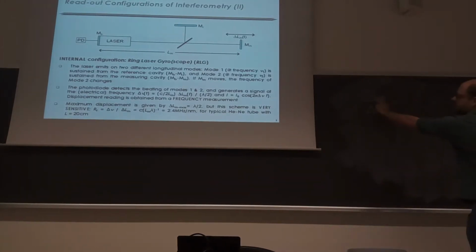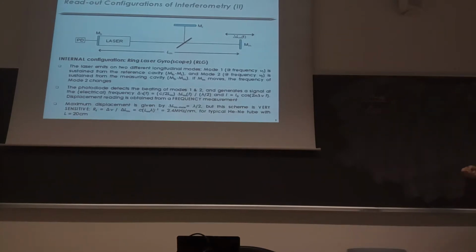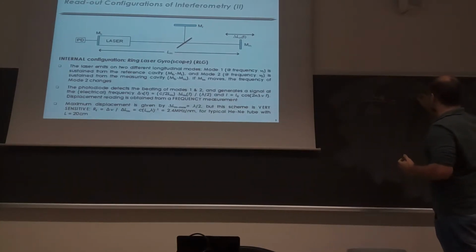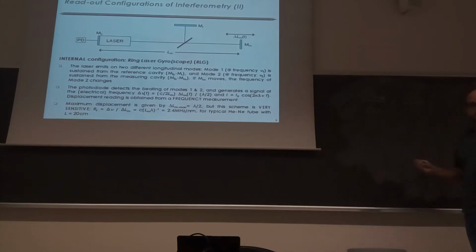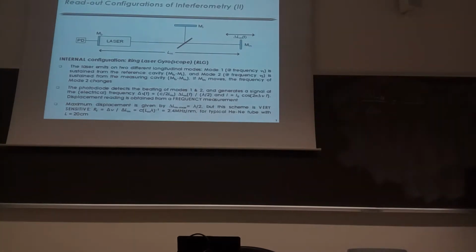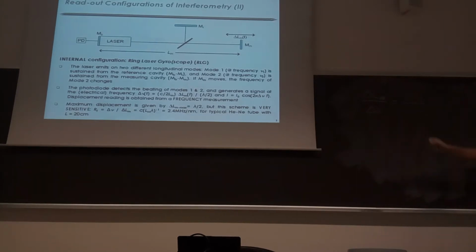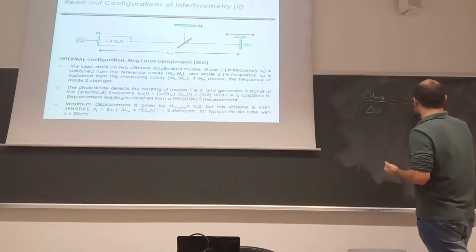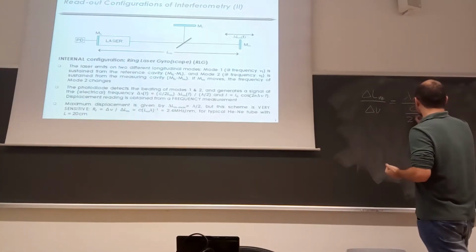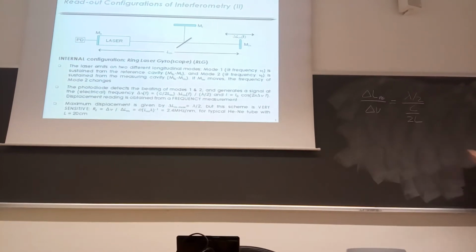So the maximum displacement is lambda over 2, and the maximum change in frequency for a displacement of lambda over 2 is one mode jump, given by c divided by 2L, where L is the length of the cavity.